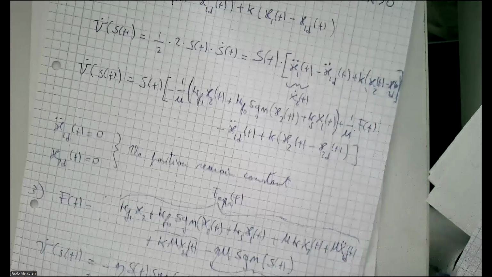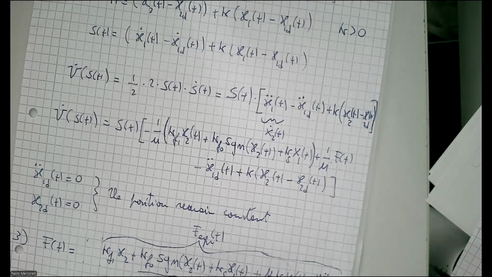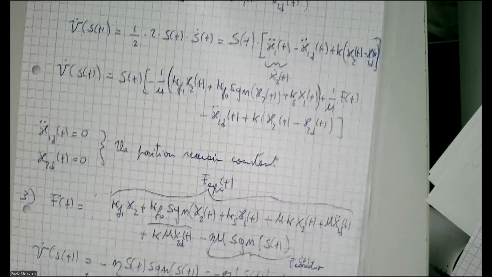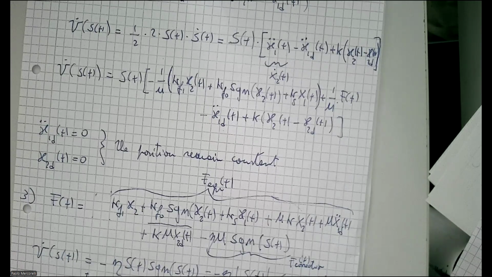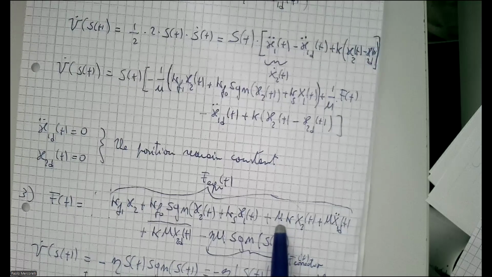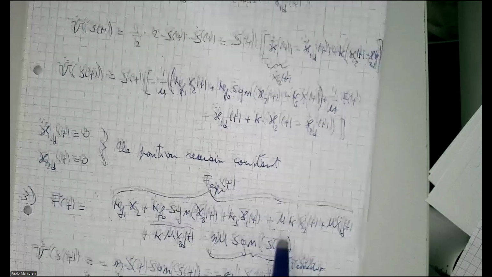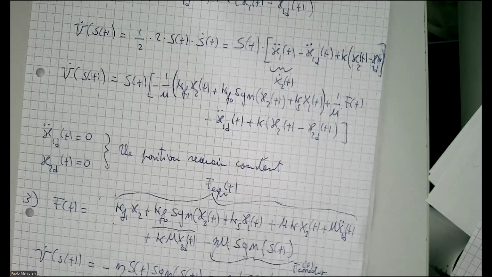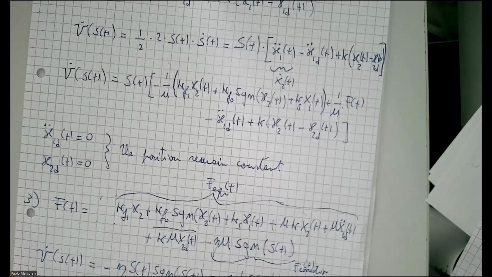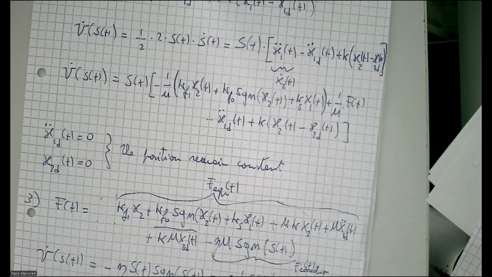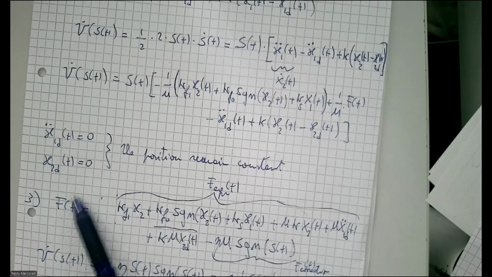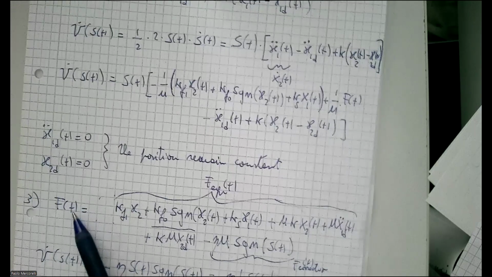What about k? Large k, we can see from here. Also in this case, we speed up k, we speed up the convergence. This means also generating oscillations because we increase the input.